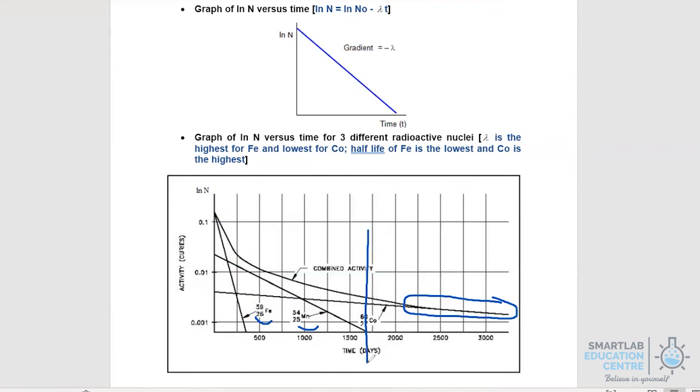Therefore, after approximately 1,700 days, manganese and iron no longer contribute to the combined activity, which explains why beyond 2,000 days, the graph of the combined activity will coincide with that of cobalt, since cobalt is the only radioactive nuclei that contributes to the combined activity since it has the highest half-life.